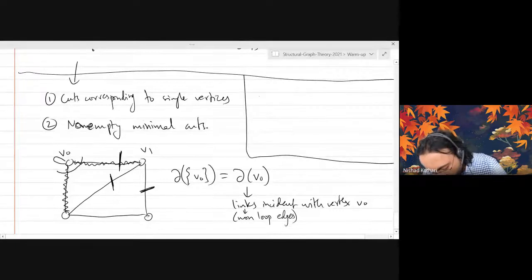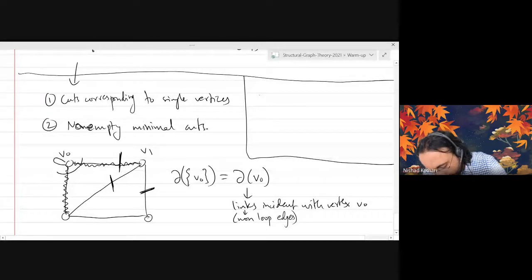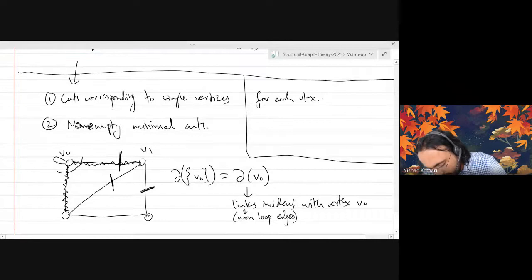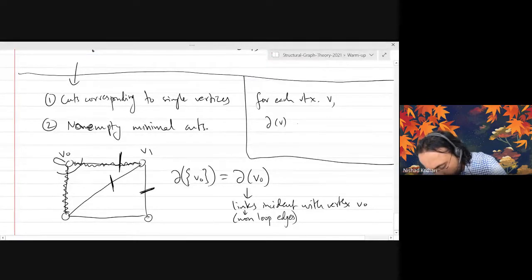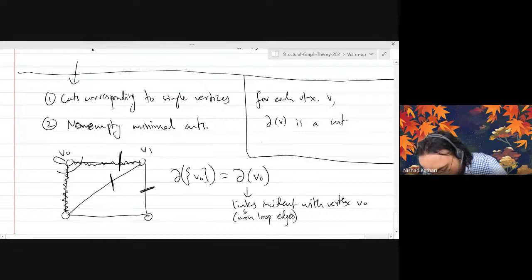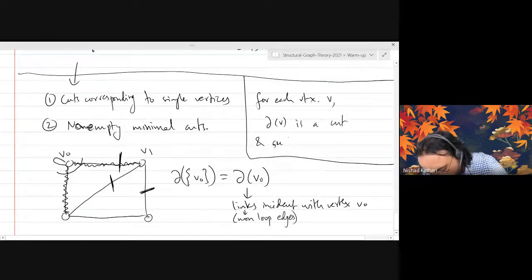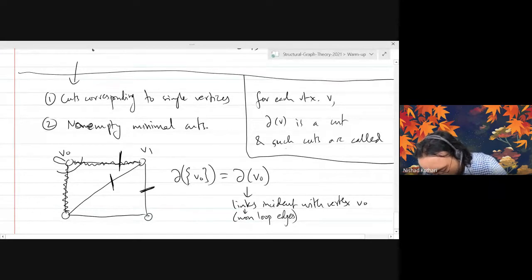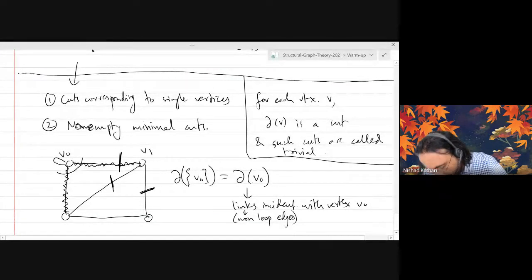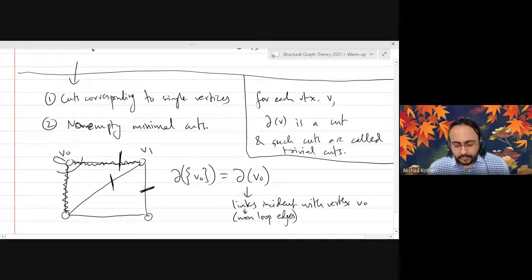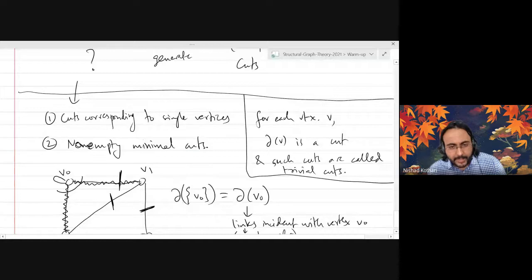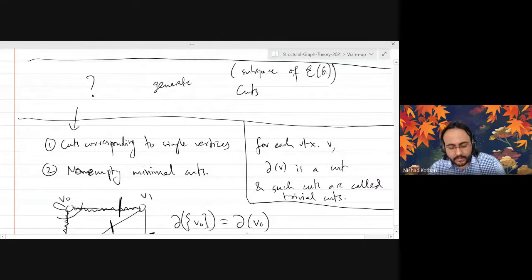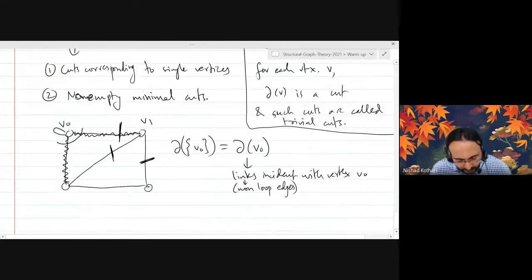So for each vertex V, partial of V is a cut, and such cuts are called trivial cuts. So you are right. Actually, the trivial cuts of a graph do generate the subspace we are talking about. So it is true.